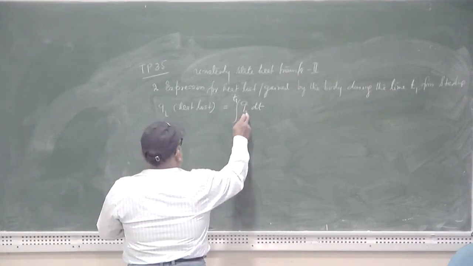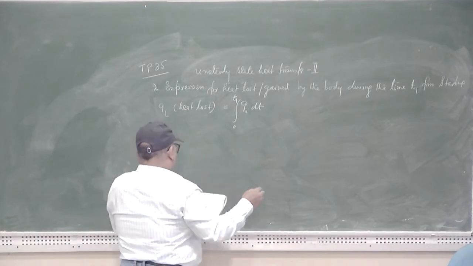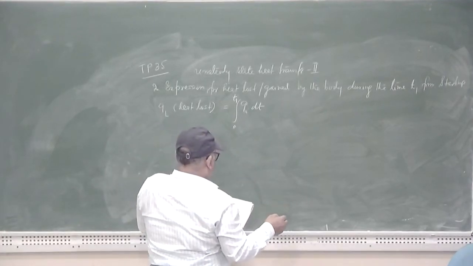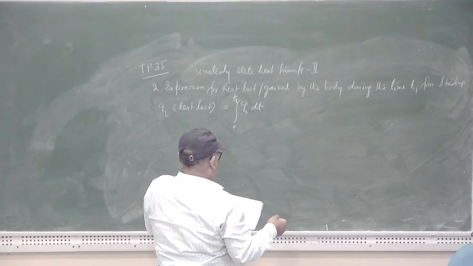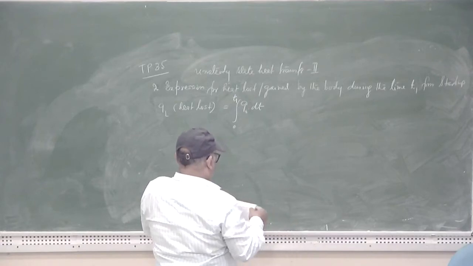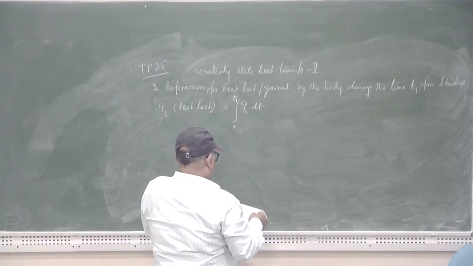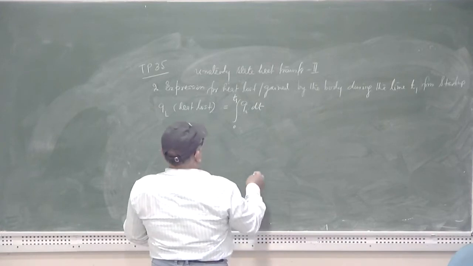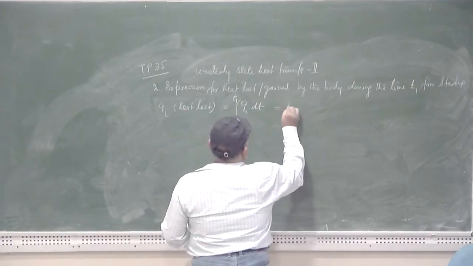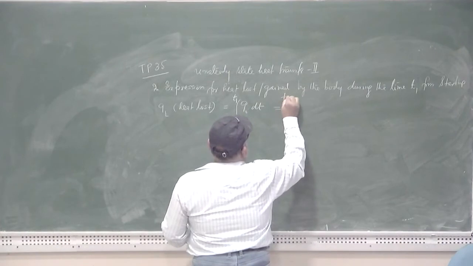So what is the expression for QI from the previous one? So that will be equal to integration from 0 to T1.